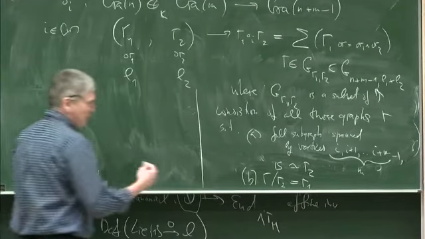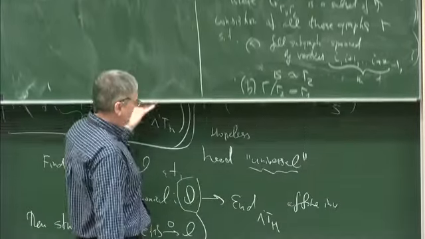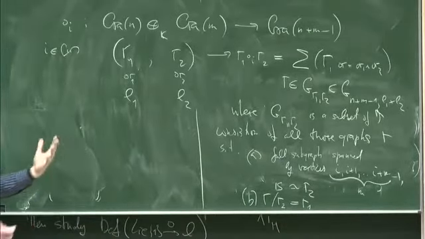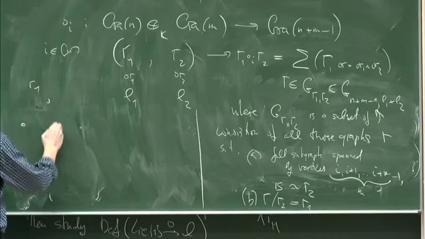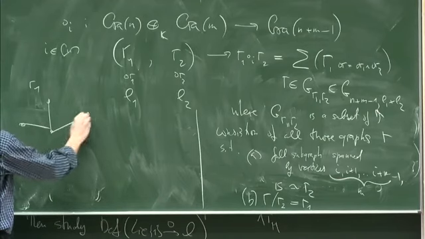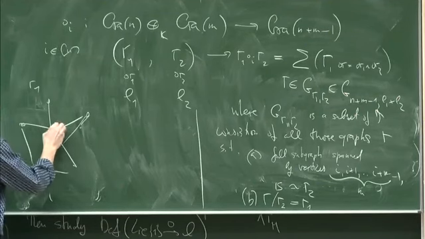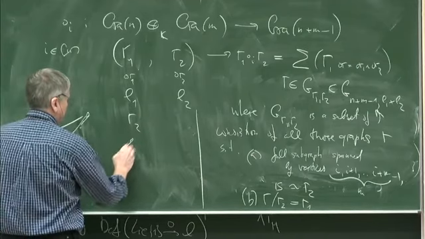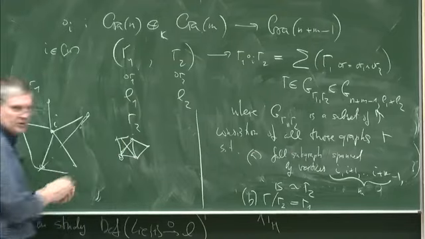And what it means, let me give examples. It's essentially as follows. I have my graph gamma 1, some graph with some vertices and edges, say this is the ith vertex. Then I take graph gamma 2, again with vertices and edges.